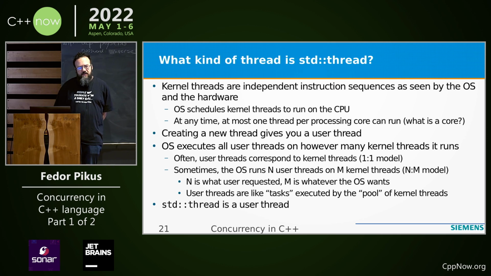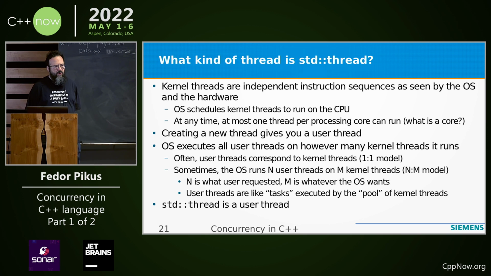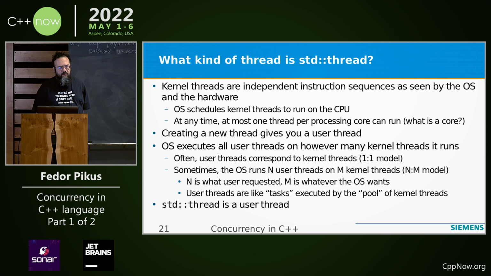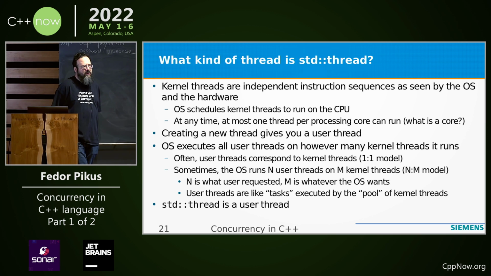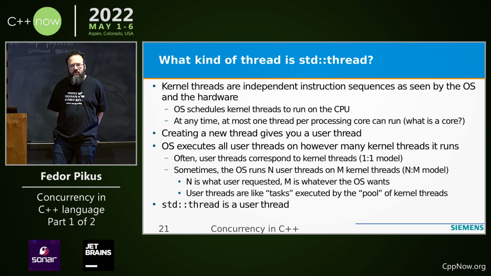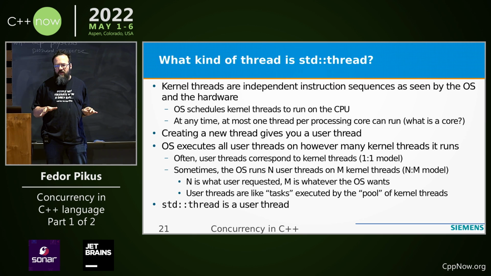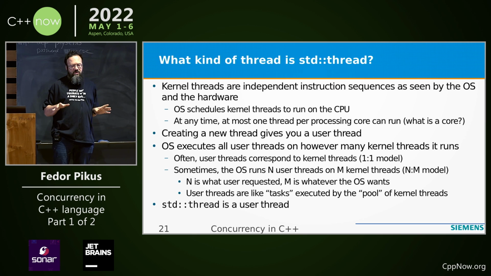The operating system runs all the user threads on all the kernel threads, or however many kernel threads it wants to use for running your user threads. Now, if you worked on Linux or on Windows, you're probably used to not having that distinction. That's because both of those operating systems support what's called the one-to-one threading model. One user thread is mapped to one kernel thread.